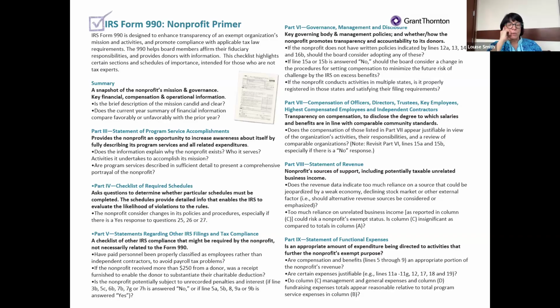This 990 was last revised in a big way in 2007 for the 2008 tax year. And I know that I particularly personally appreciated all the changes. It tried to make it more of a document for readers, not for the IRS as much, but for the readers who want to know about your nonprofit.